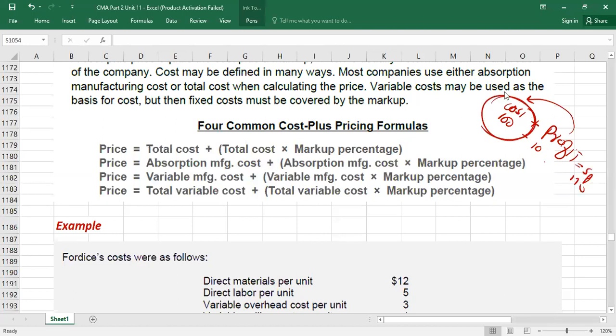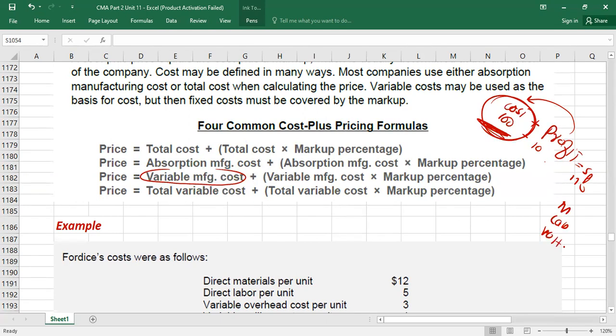Now the point is, which cost do we have to consider? There are different formulas for cost plus pricing. Let me tell you the first simple concept. If the company wants to take only variable manufacturing cost, it usually includes cost of material, cost of labor, and cost of variable overhead.